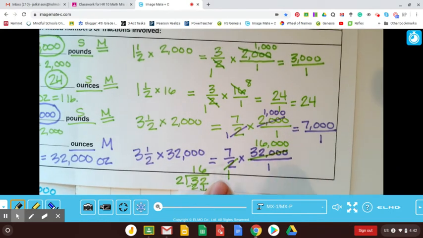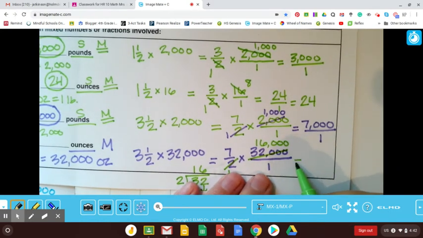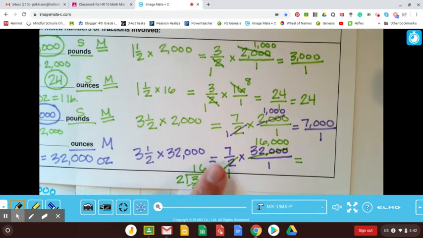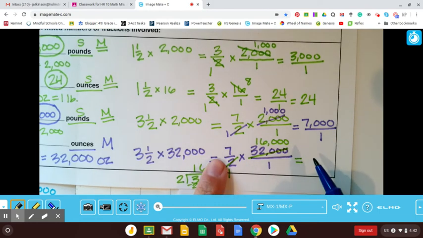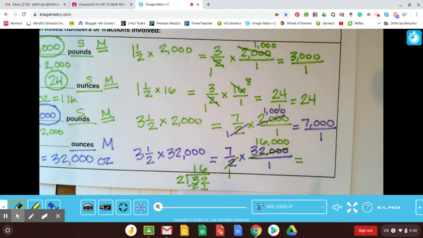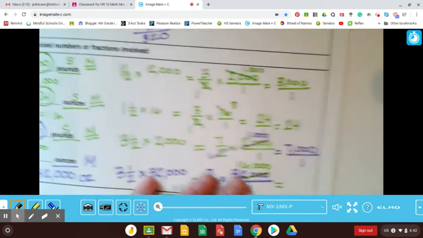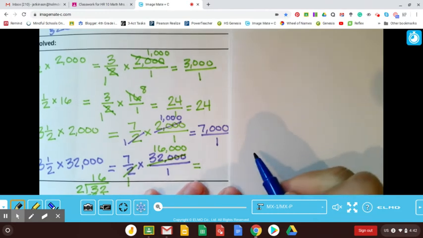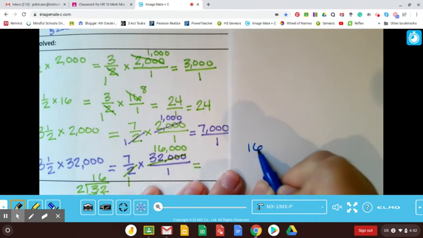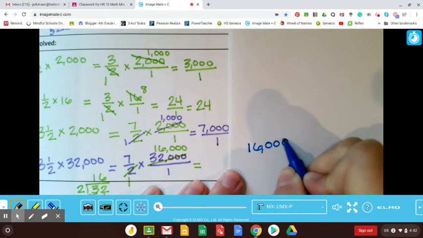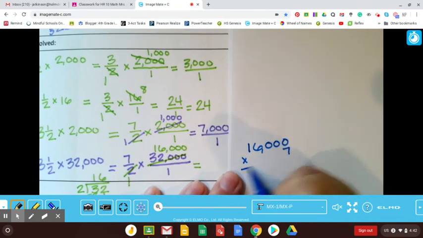Now I do top times top over bottom times bottom. I'm going to change my color here just so you can see it clearly. 7 times 16,000, right? I'm running out of room. Let's do 16,000 times 7.